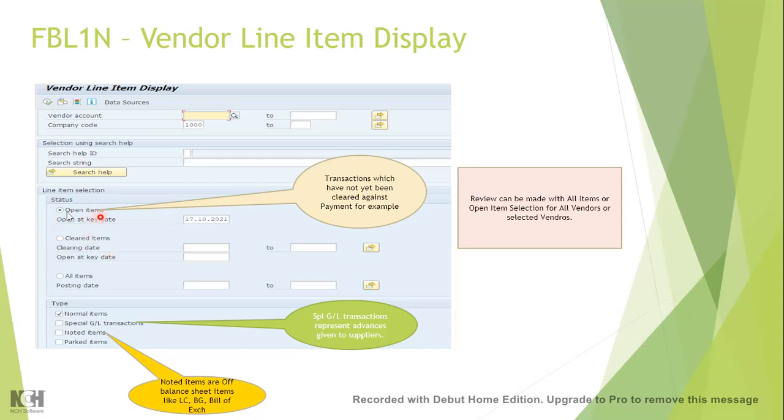When you execute this report for open items, it will show you all the vendor lines which are not yet paid, and this is very important, as I mentioned earlier, from the GST compliance perspective. From reviewing your aging analysis, open items is very critical. Then there are a few other important fields to understand here. Special GL transactions represent advances given to suppliers.